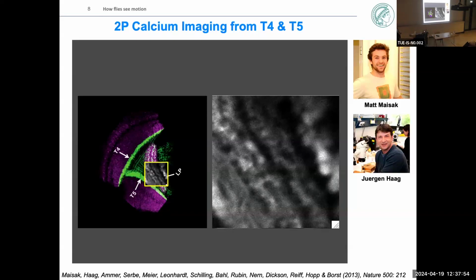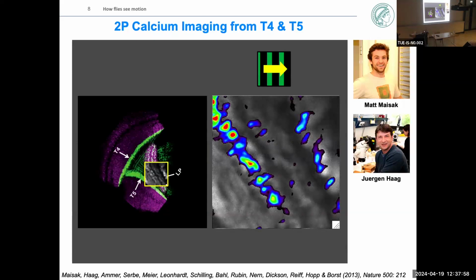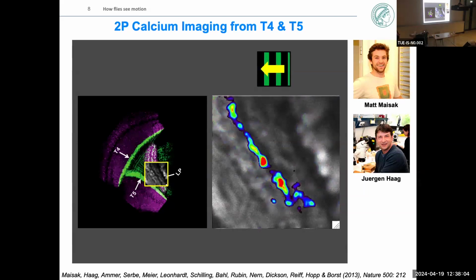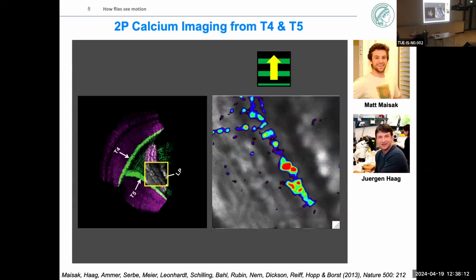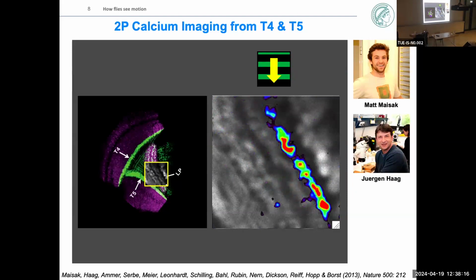Now, if Matt and Jürgen stimulated these flies visually with gratings to the right, they saw a very strong activity in layer 1. If they moved the grating from right to left, they saw a strong activity of the calcium indicator in layer 2. They moved upward, they saw activity in layer 3, downward in layer 4.